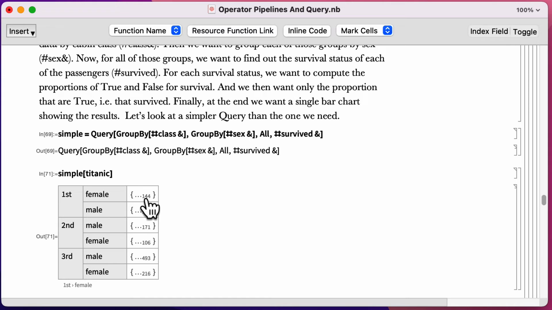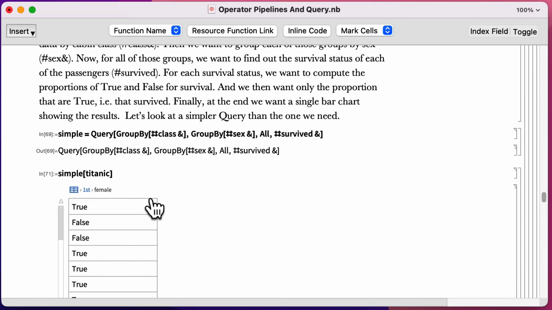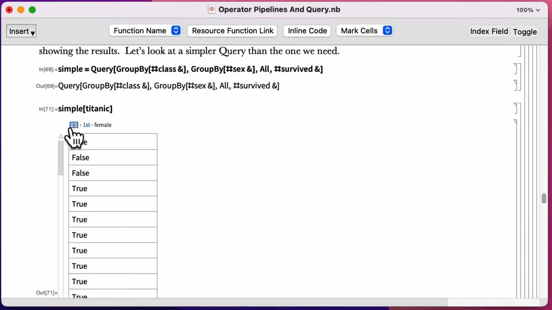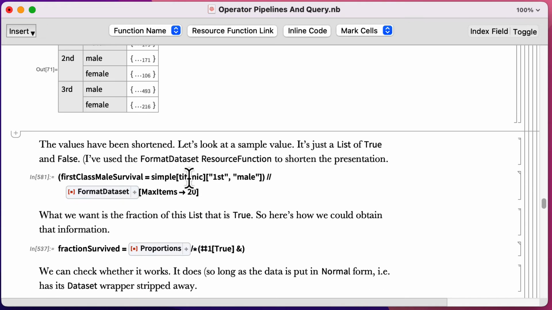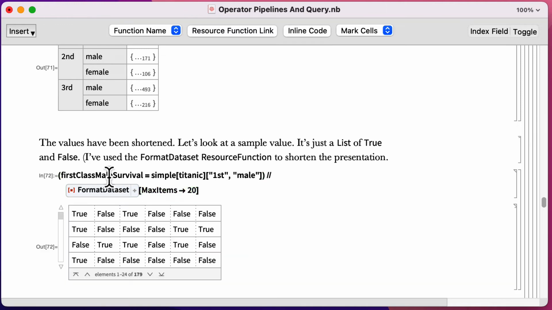So if I click on this, I should see 144 true-false values representing the survival of the females in first class. And indeed, that's what I see. Okay, so just so you're clear on that, I guess I programmed this in. Let's get the first class males and see what they look like. And again, it's the same idea, true, false, and so on.